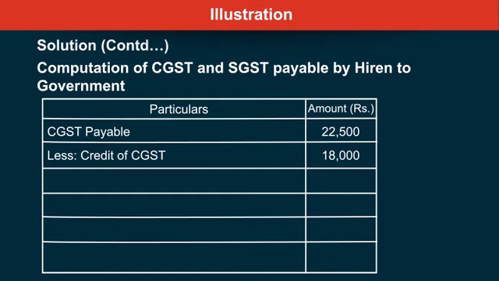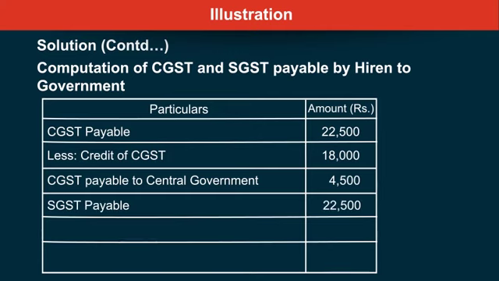So again CGST of 22,500, he can take the credit of 18,000. So net CGST payable will be rupees 4,500. So against 22,500, 18,000 credit. So net 4,500 would be the amount of CGST payable to the central government. So this amount will be paid by Mr. Hiren to central government.